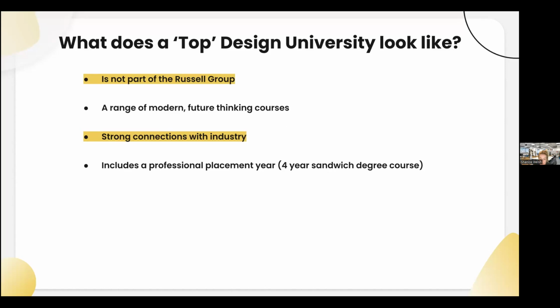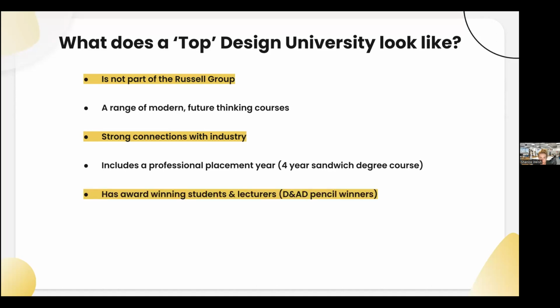They go to interview at multiple design agencies that the university course has got links with, and then they go for a year and work in one of those agencies. This is really good because it gives students hands-on experience in that company, and a lot of the time the company will hire the student, if they've done a really good job, into that junior designer position afterwards.